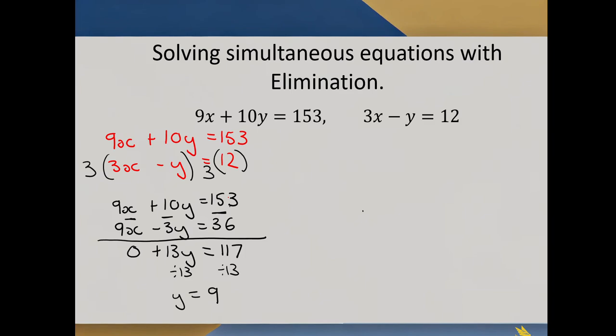I'm going to look at my second equation over here, just because it looks easier. So I've got 3x take away 9 equals 12. That means I'm going to plus 9. So 12 plus 9 is equal to 21. And then I'm going to divide both sides by 3, which will give me 7. So the intersection of both equations will be at x is 7, y is 9.